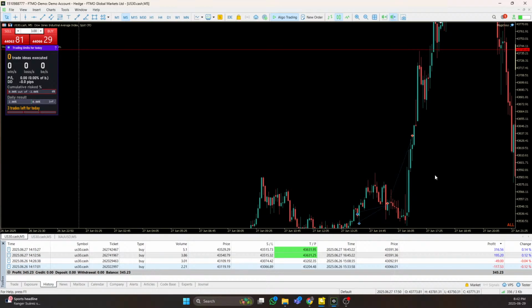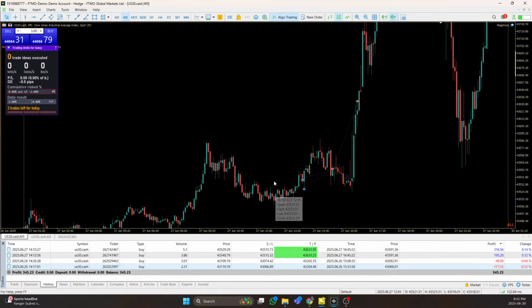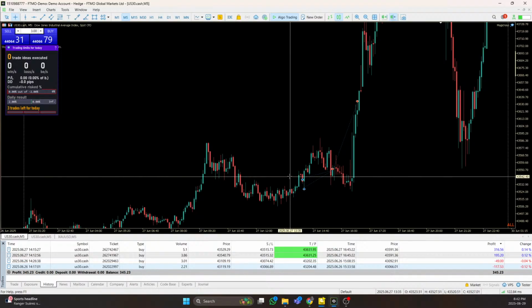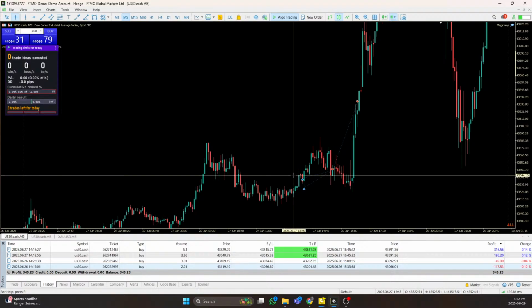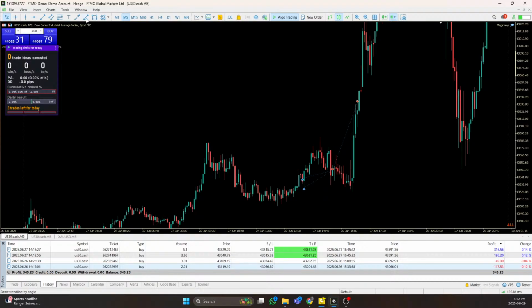This is the last day of the week, which was really good. I entered the market over here, 10 to 7 maybe. And as you can see, there's a big gap here in this candle.